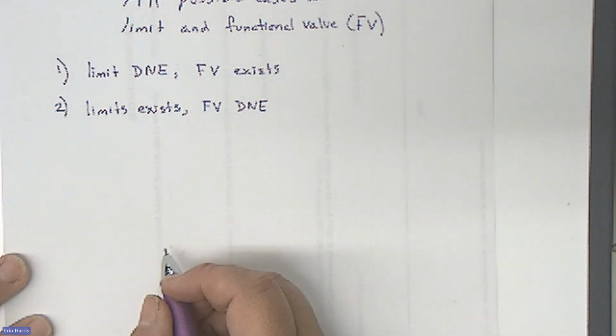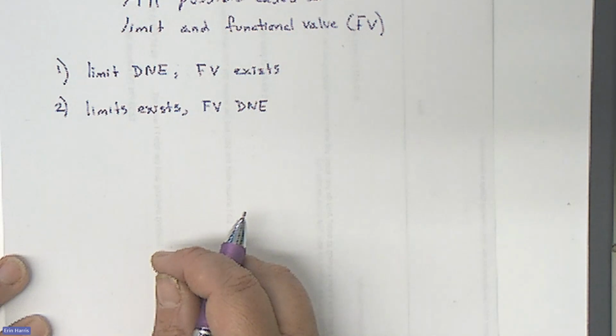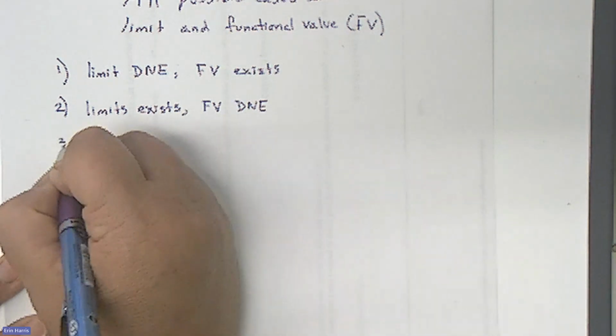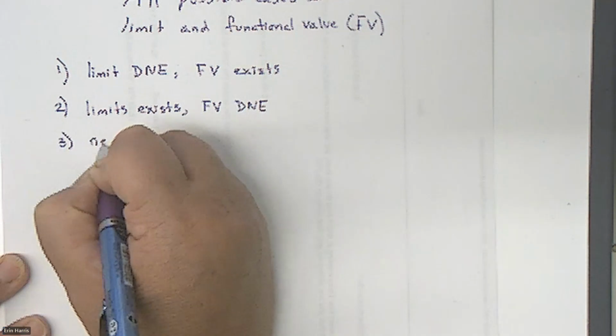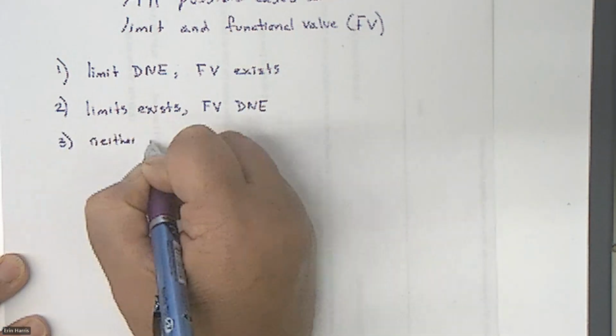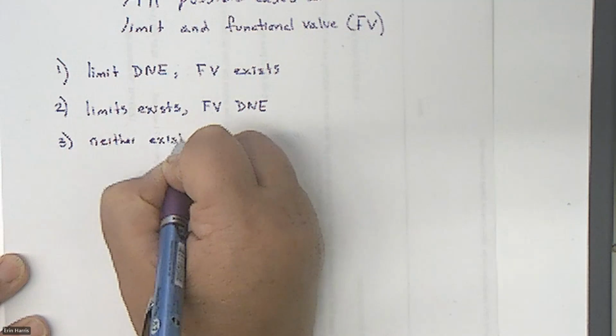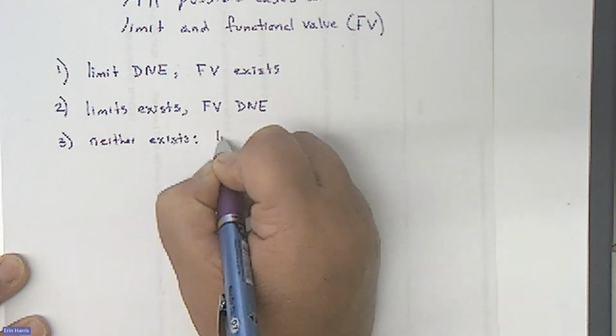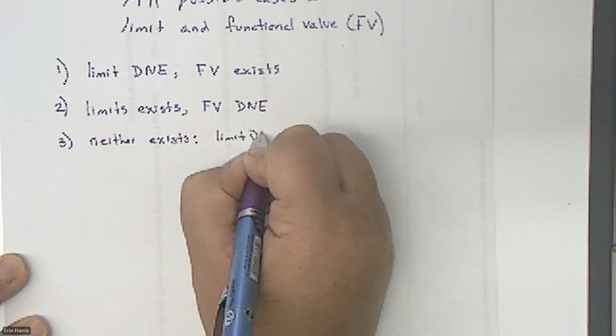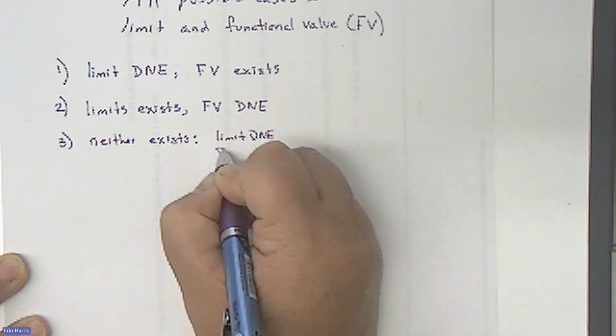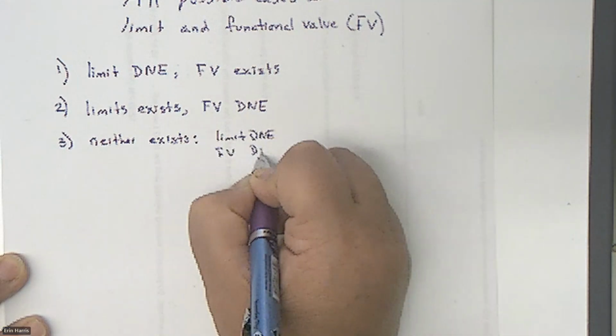We can have neither exist. All right, so limit DNE, functional value does not exist.